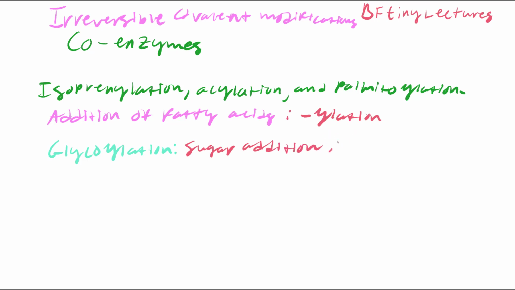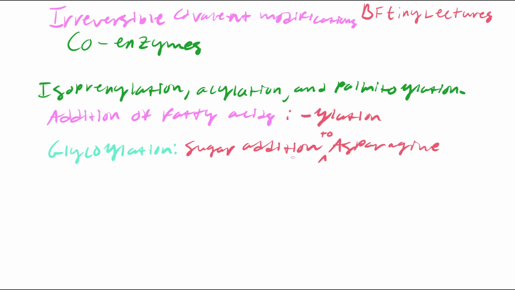To asparagine. Let's put a 2, I forgot the 2 right here. So it's very specific, but glycosylation is just the sugar addition to asparagine. Okay, so not much to say about that, but that's it.